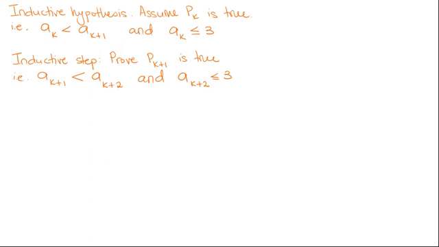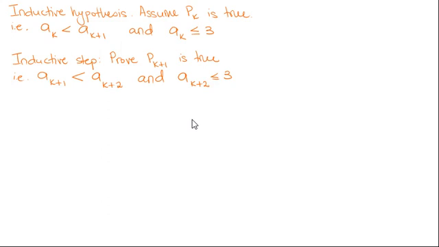Now, when we were doing the equations, we would start with, for example, one side of the equation and use our assumption to arrive at what it is that we're trying to prove. With the inequalities, I do it a little bit differently.